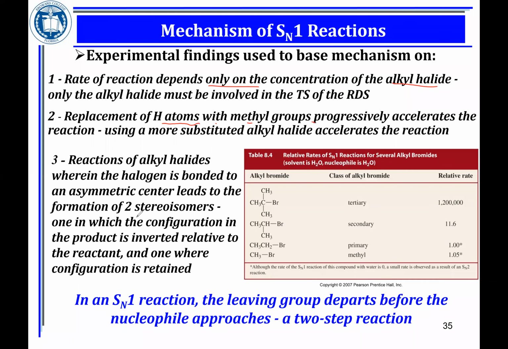For SN1 type reactions, formation of two stereoisomers, one retention and one inversion, has been observed. So in SN1, basically the leaving group is leaving before the nucleophile comes in.